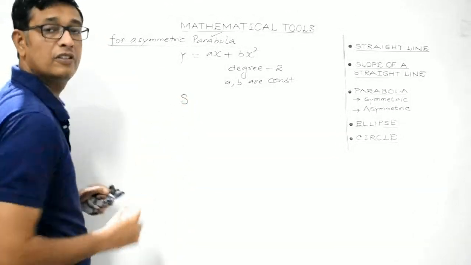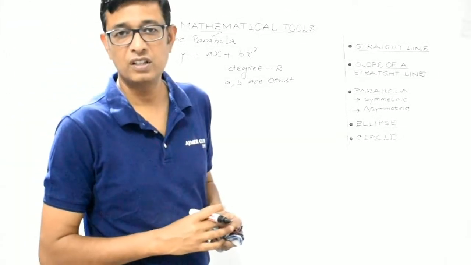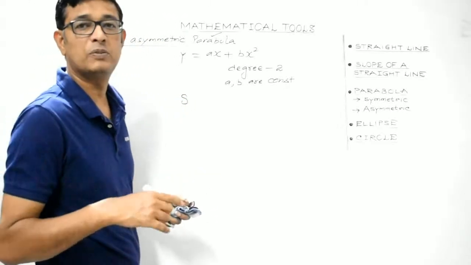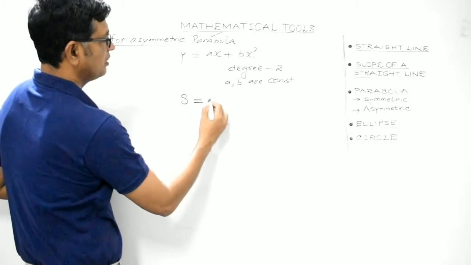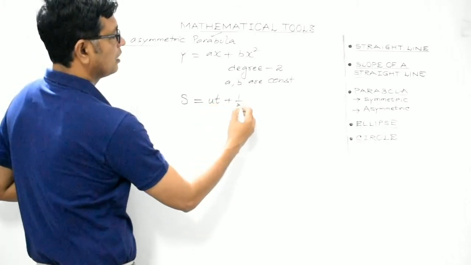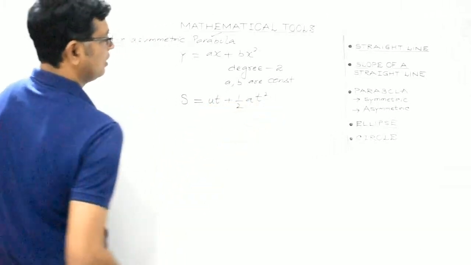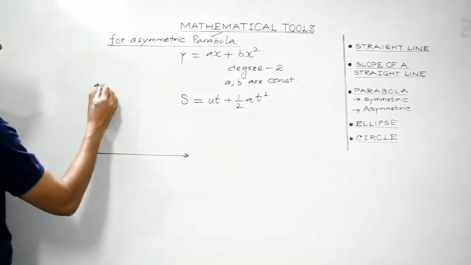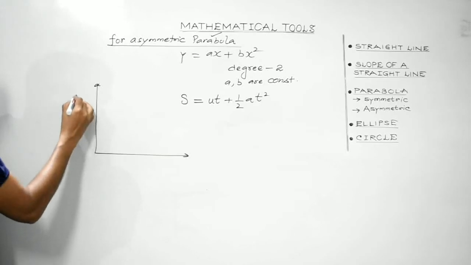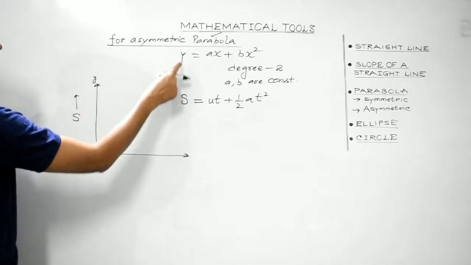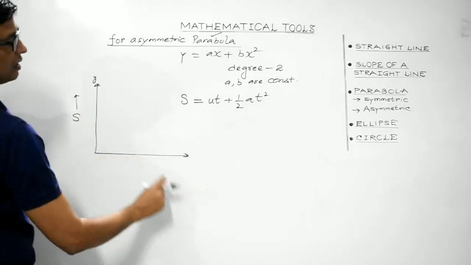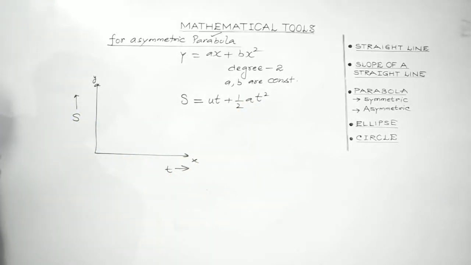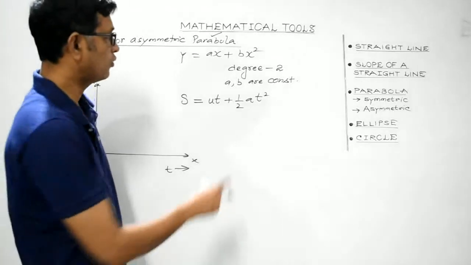You are aware of the second equation of motion, students. When a body is in uniformly accelerated motion, then as per the displacement-time relationship, s is given by ut plus half at square. Now look, if displacement is represented along the y-axis and time is represented along the x-axis, then what will be the nature of the graph?